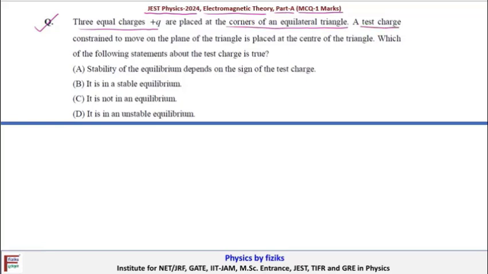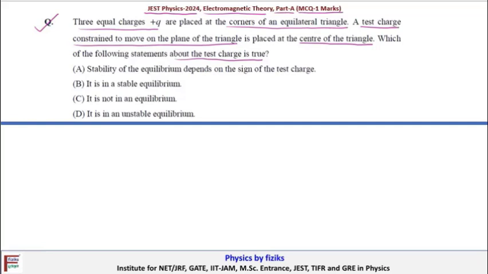Now a test charge constrained to move on the plane of the triangle is placed at the center of the triangle. Now which of the following statements about the test charge is true? So we have to see the equilibrium. Stability of the equilibrium depends on which condition.